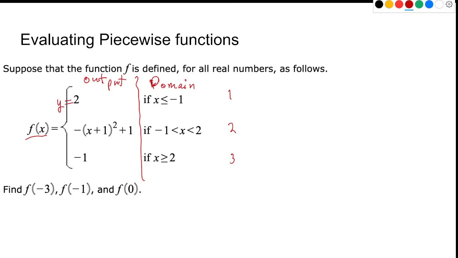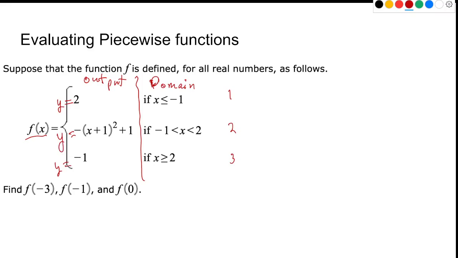So whenever x is less than or equal to -1, the output, the y value will always just be 2. Again, no calculation to make. Down here, y would be equal to this function. Again, they're all functions, but the output I have to plug in the x, do some arithmetic, and then I'll get it. And this last part, y equals -1.